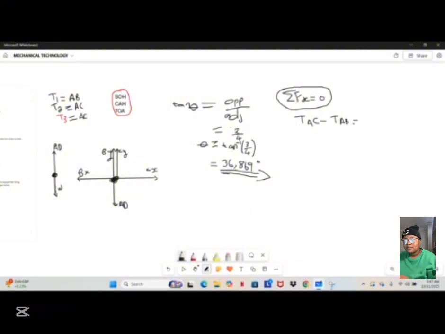So we're going to have T, as we have found the angle here for the forces in C. We know the angle for the force in C, so we're going to use it to calculate the T, the cos of 36.869.